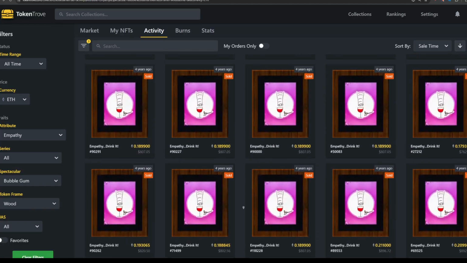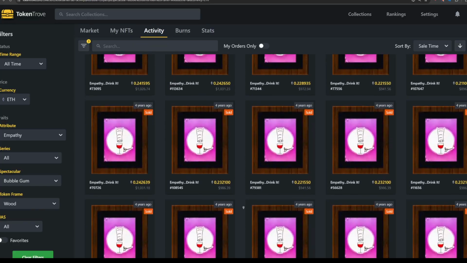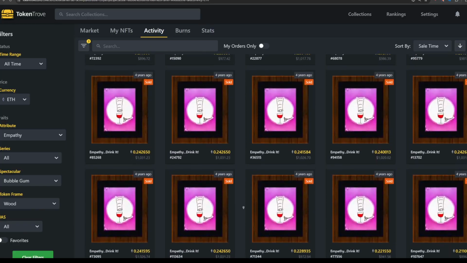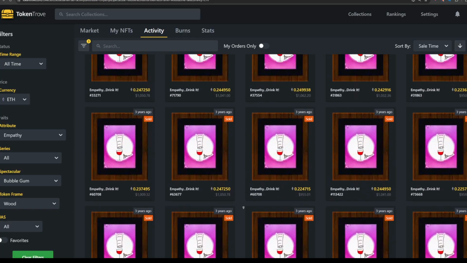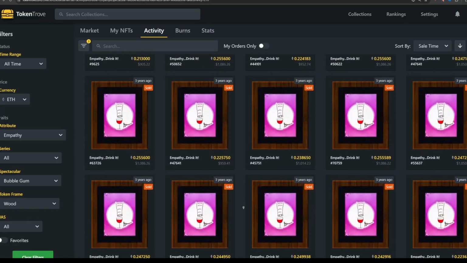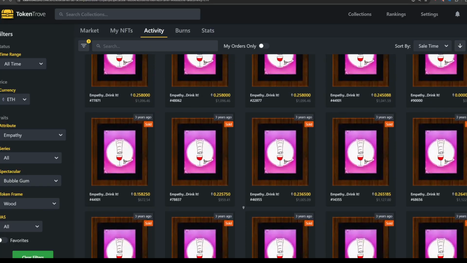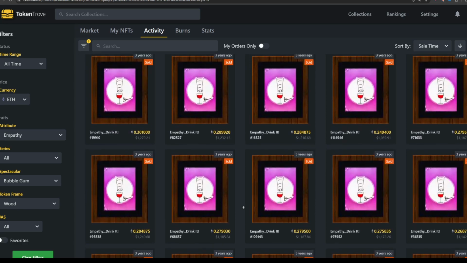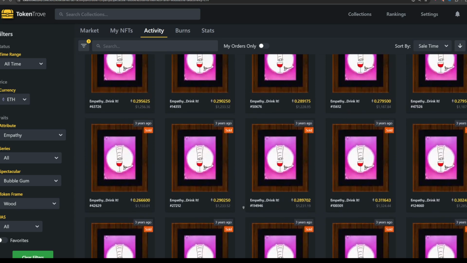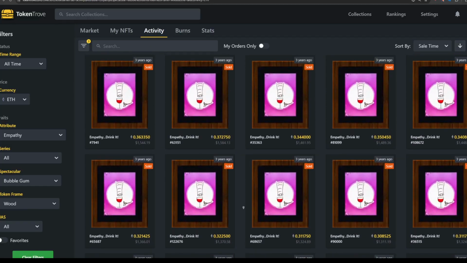0.2, 0.19, 0.21, 0.23, 0.24, 0.22, 0.27, 0.28, 0.3.